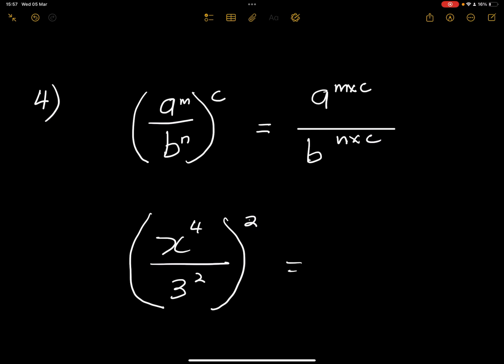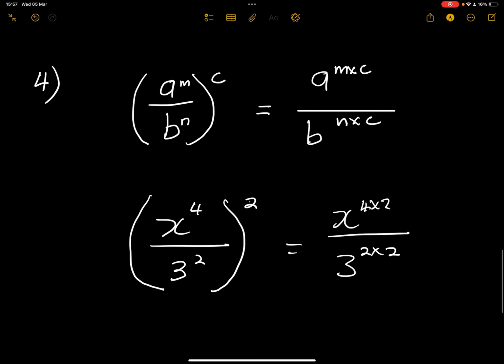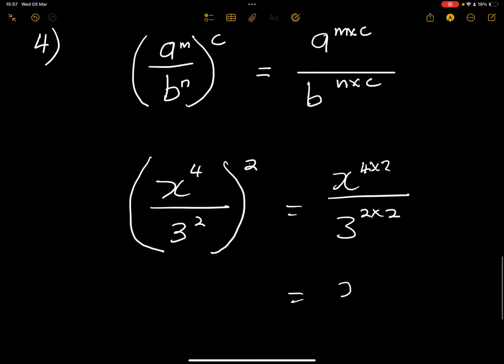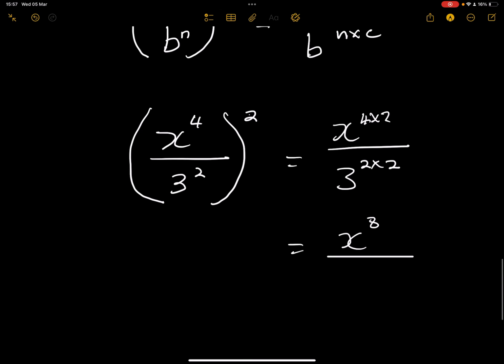In this case, we've got x, that's 4 times 2, divided by 3, this is 2 times 2. And so our final answer will be x to the power of 8, divided by 3 raised to the exponent of 4. And of course, you're more than welcome to actually write this out as it should. Right, 3 to the exponent of 4, that gives us 81.